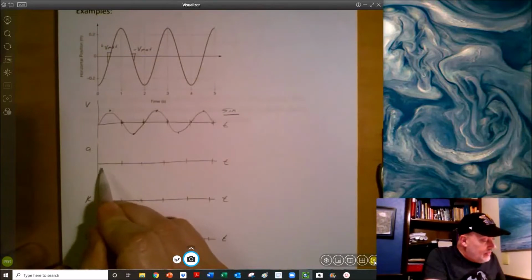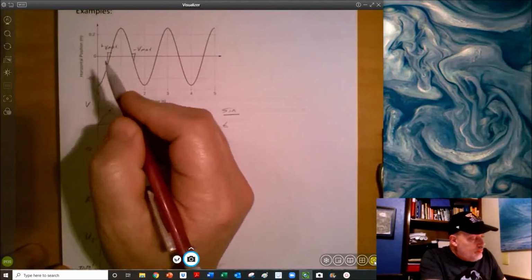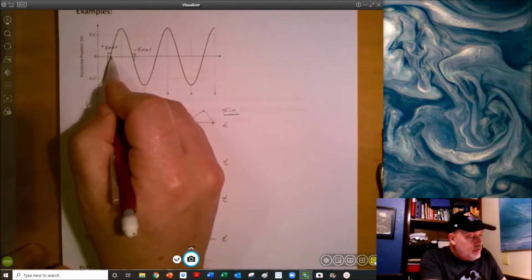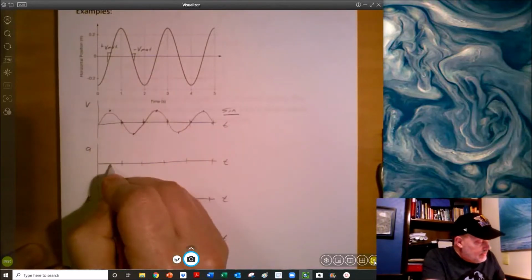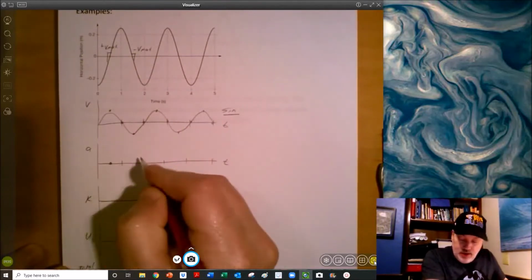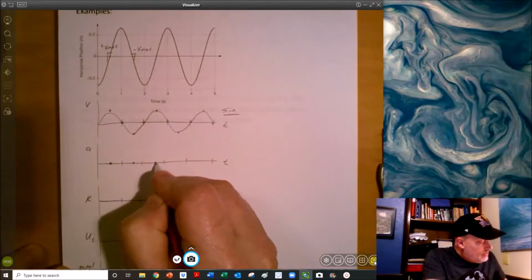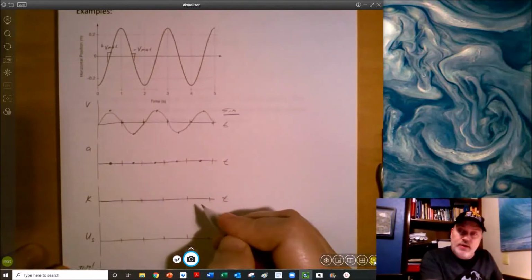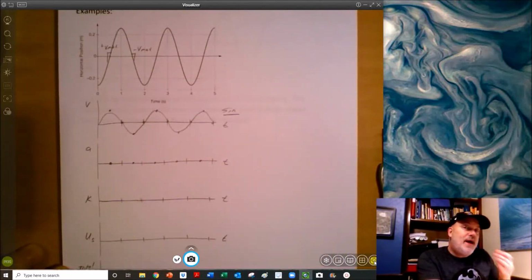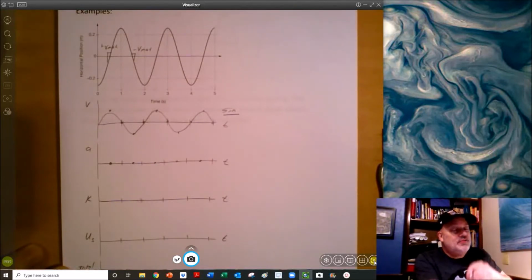How about acceleration? So we know that when we're at equilibrium, our acceleration is 0. So we should have a 0 here, a 0 here, here, here, here at equilibrium. And we should be at maximum acceleration when we're at our maximum displacement.